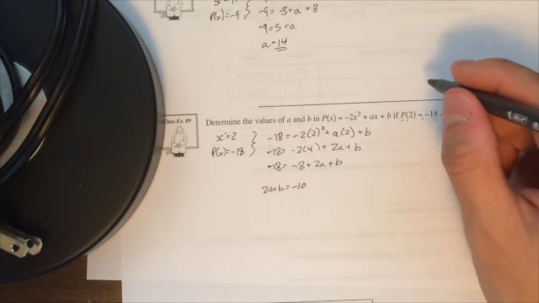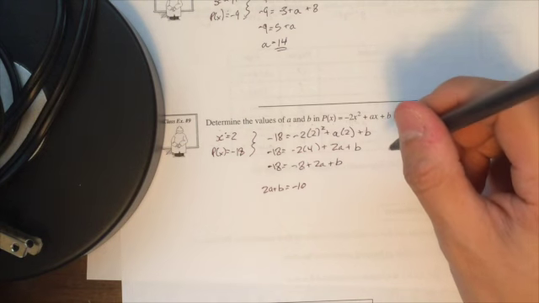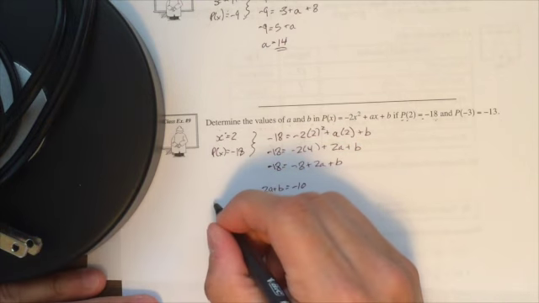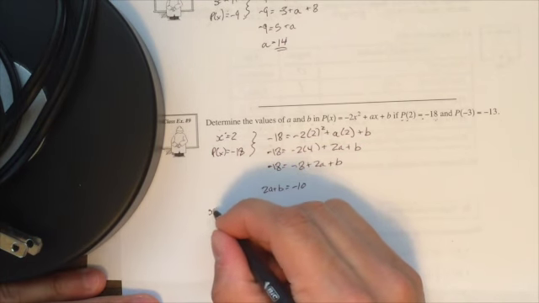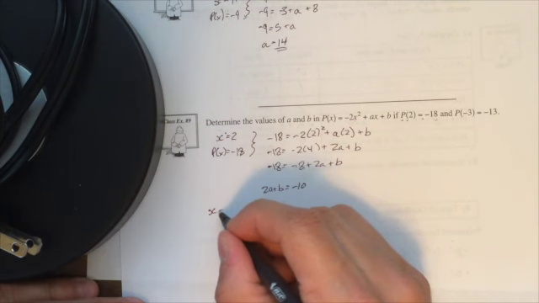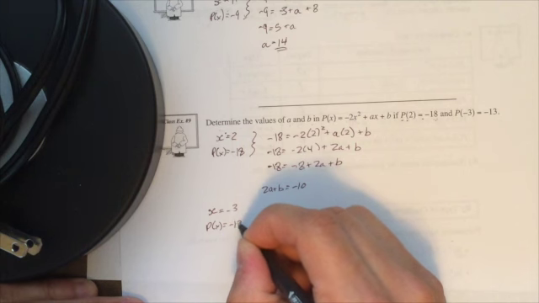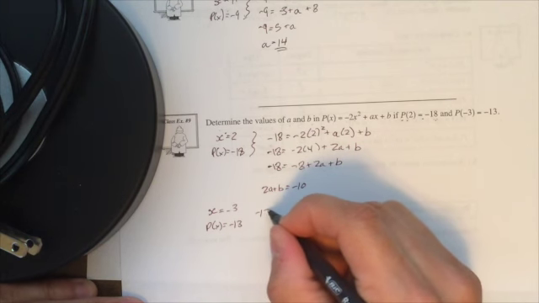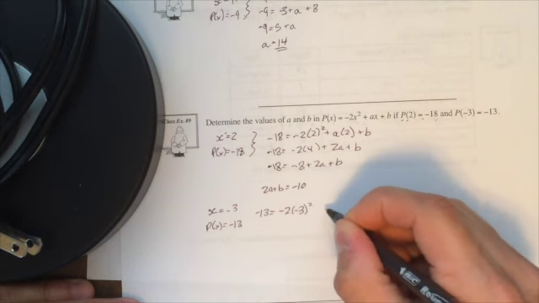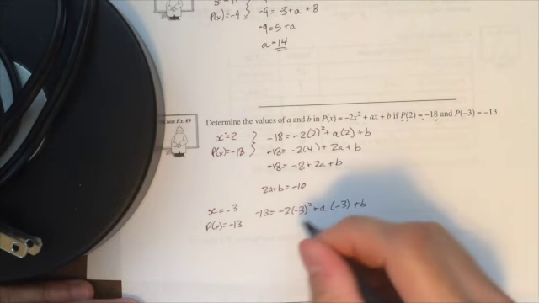Okay, now what you need to do is the same thing for the other set of values, and then combine these terms. So if for the second set x was equal to negative 3 when p of x is equal to negative 13, I'm going to plug this into my equation. So negative 13 is equal to negative 2 times negative 3 squared plus a times negative 3 plus b.